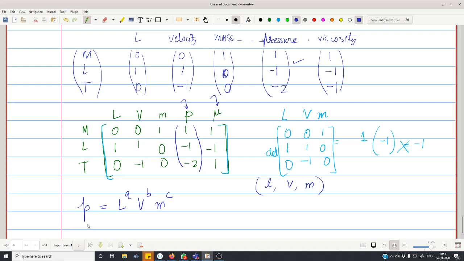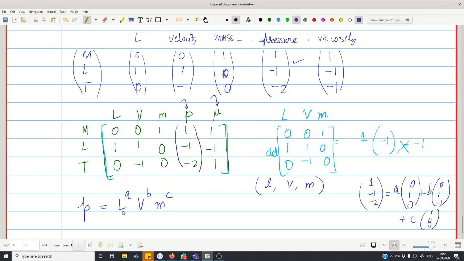Yes, sir. So the column vector 1, minus 1, minus 2 is a linear combination of A times 0, 1, 0 plus B times 0, 1, minus 1 plus C times 1, 0, 0. Having this expression is tantamount to saying that P is L to the power A multiplied by V to the power B multiplied by M to the power C, because the dimensions will add.